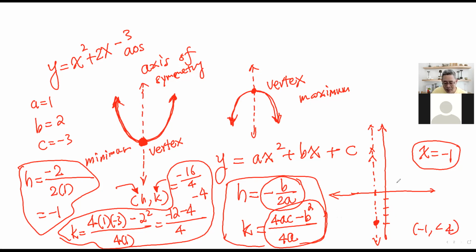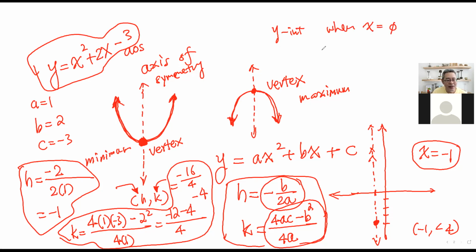And we need 2 more. Then because of symmetry, if we know 2 more, that means we will get 4, because the other side is symmetrical. So what we're going to do here, we're going to find the y-intercept. Now y-intercept is when x equal to 0. So in this case, then we know y will be -3. So it'll be here. We need 1 more. Well, we just pick one.